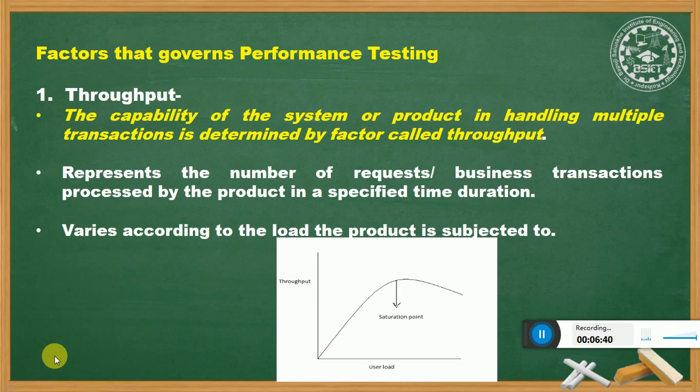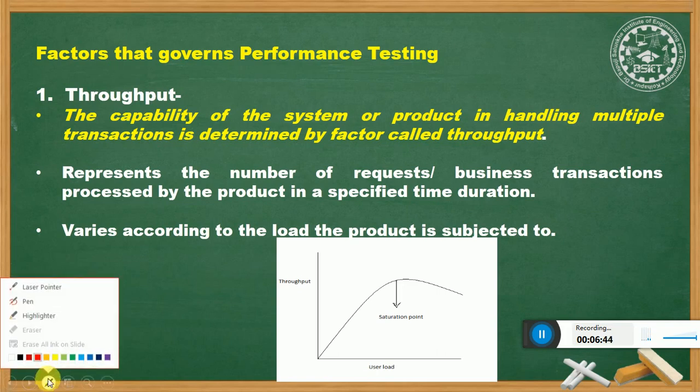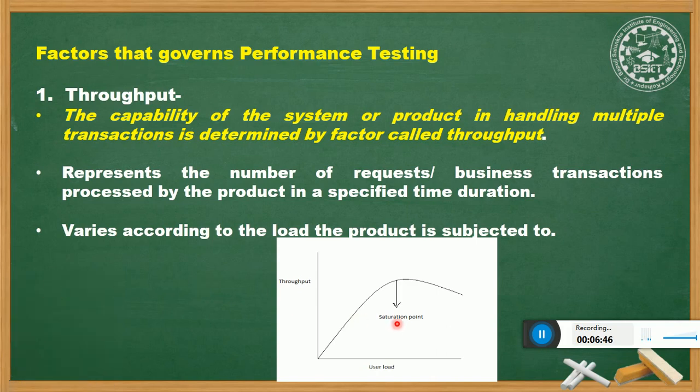Now below you can see the diagram which shows the throughput of the system at various load conditions. The left-hand side represents the throughput and the horizontal axis represents the user load.